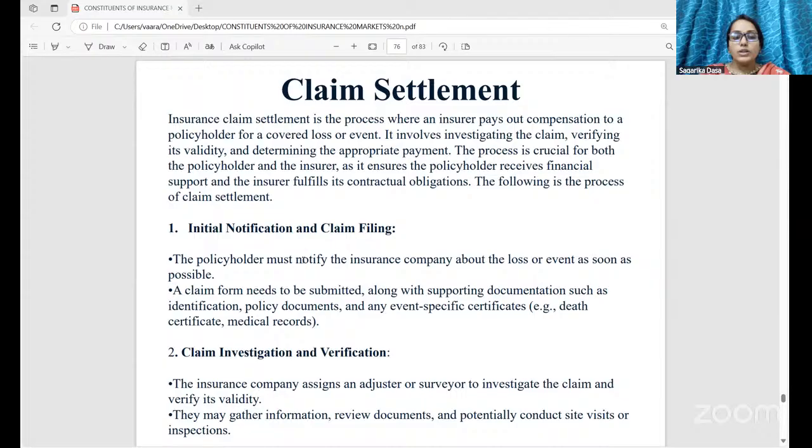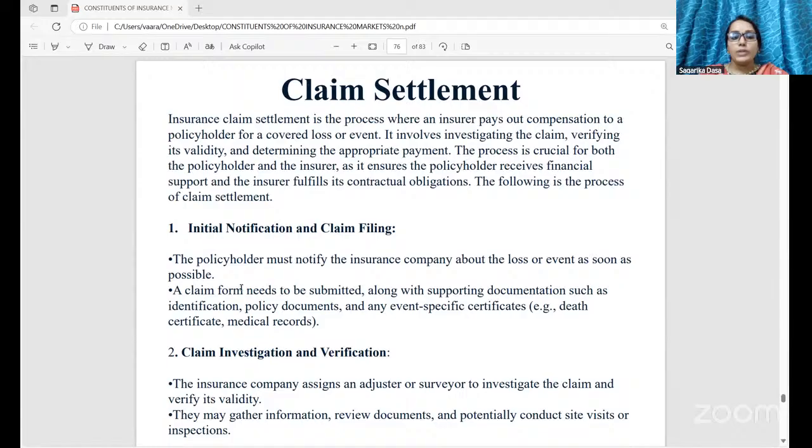The policyholder must inform the insurance company about the loss or event as soon as possible. If any event or situation occurred where the policyholder is facing a loss, he has to inform the insurance company as soon as he faces it.